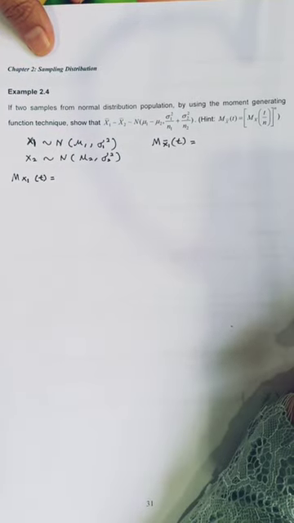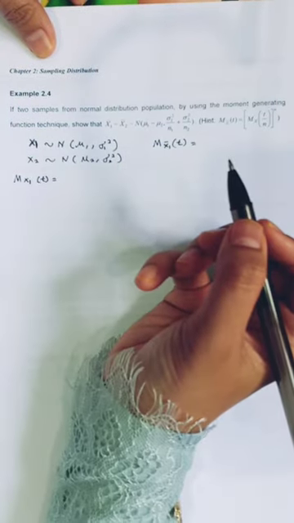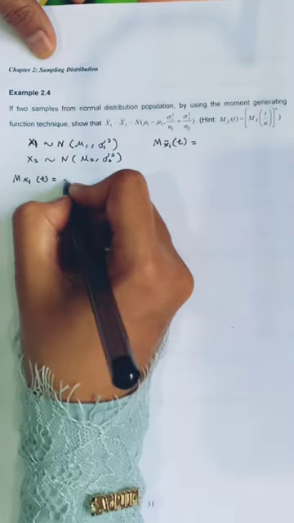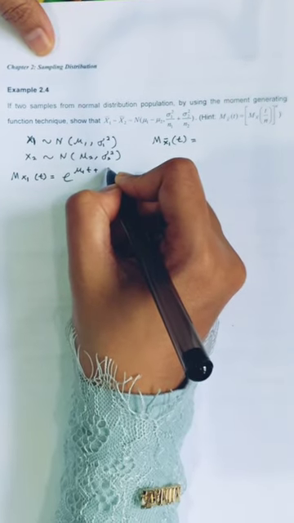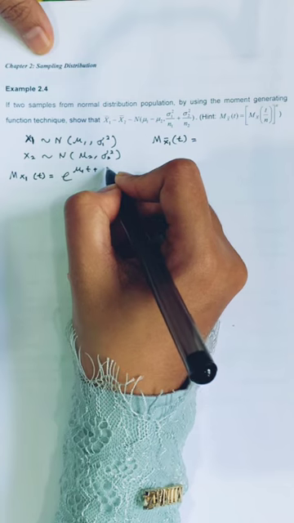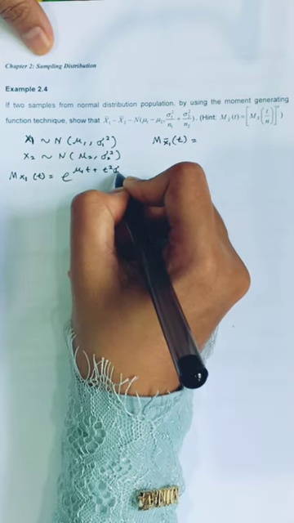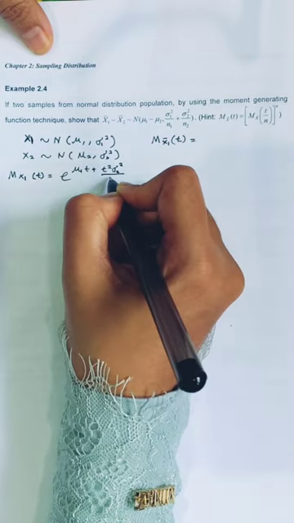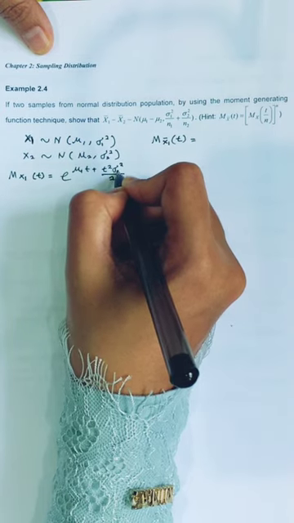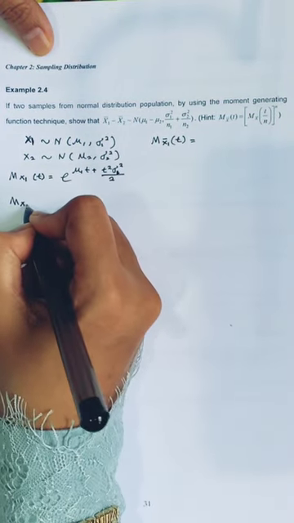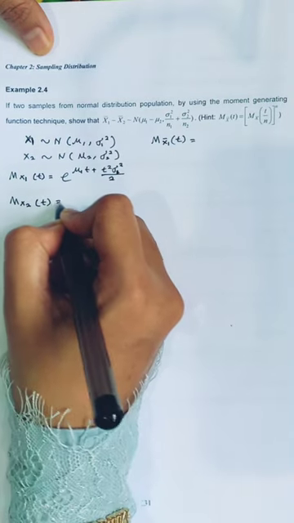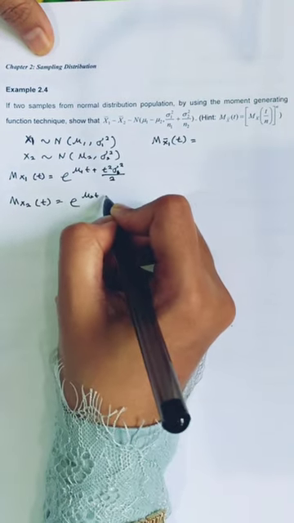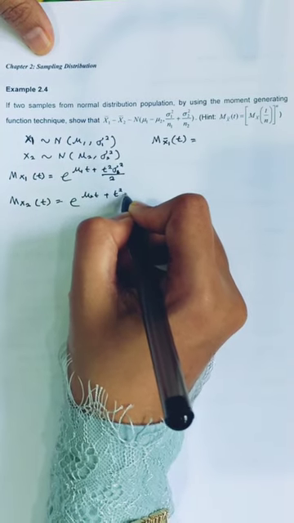It will be e power of mu1 t plus t square sigma 1 square divided by 2. The second population is e power of mu2 t plus t square sigma 2 square divided by 2.